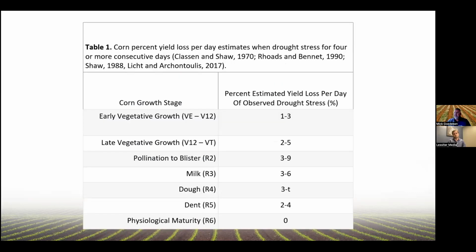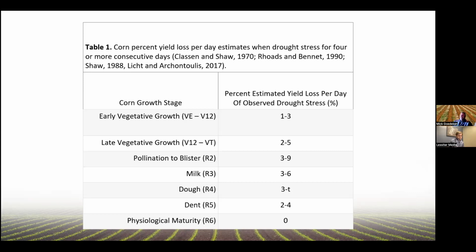But as we look at this chart here, we can cause yield loss from emergence all the way up until dent. The good news is, as we hit physiological maturity, our yield loss from drought is over. And unfortunately, the plant's life's over also, and we're just to that dry down stage.